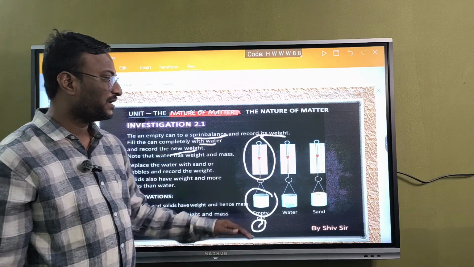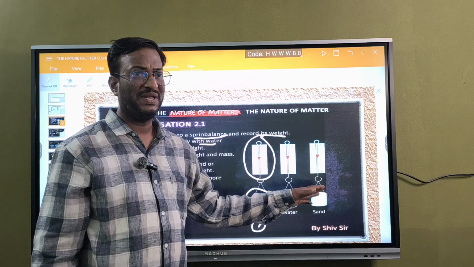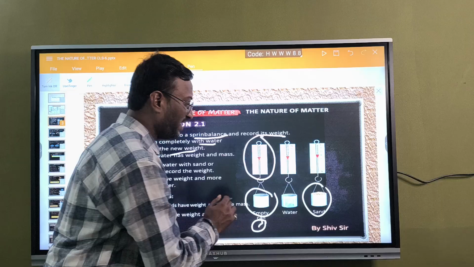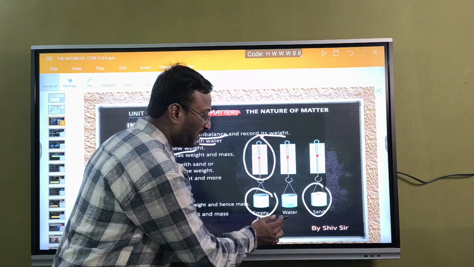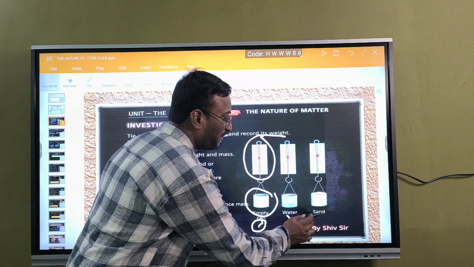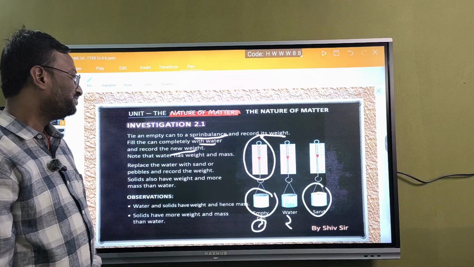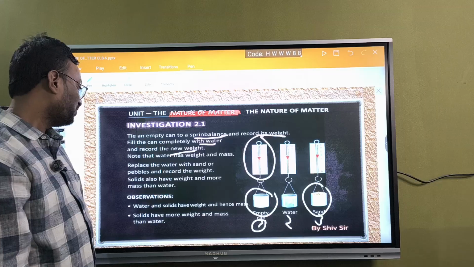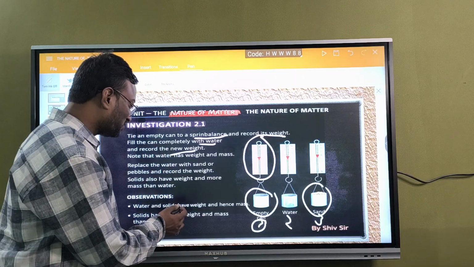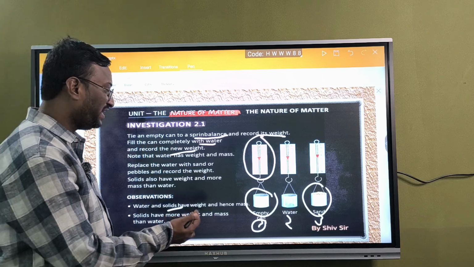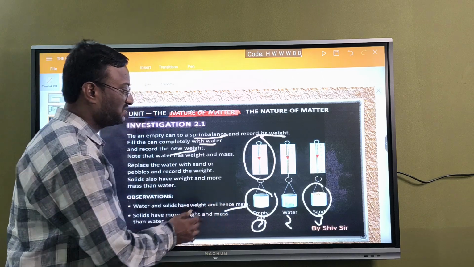Afterwards you take sand in an empty can and try its weight. 3 times you have to take weight. First, the empty can weight, number 2, weight of the water, number 3, weight of the sand. What you can observe is that water and solids, here sand, have weight and hence mass.